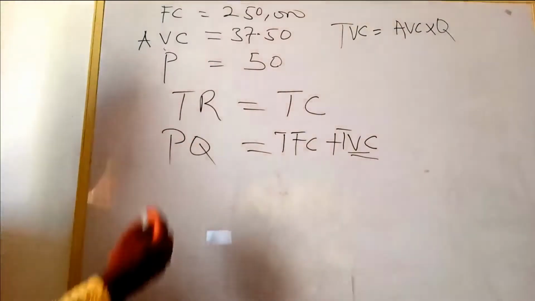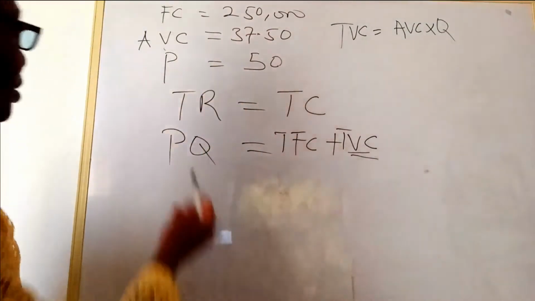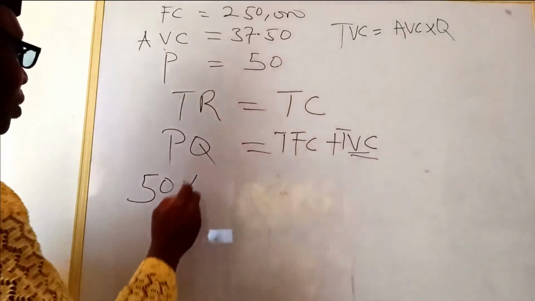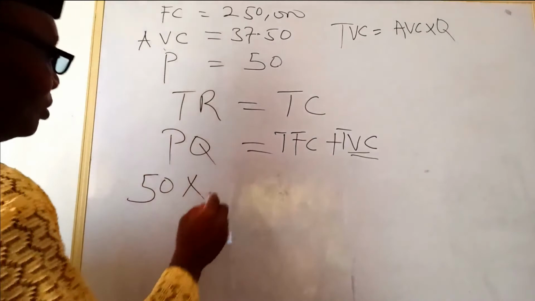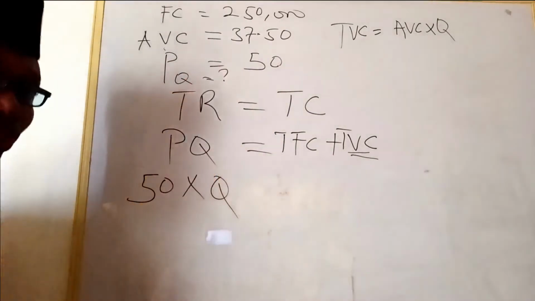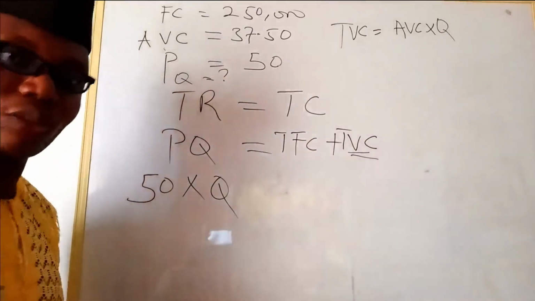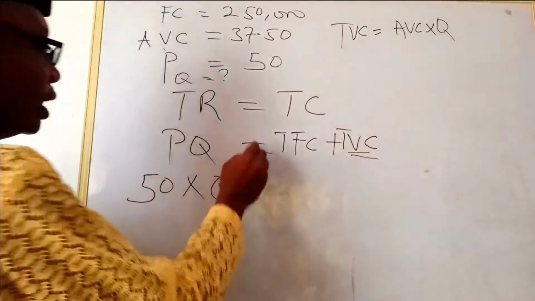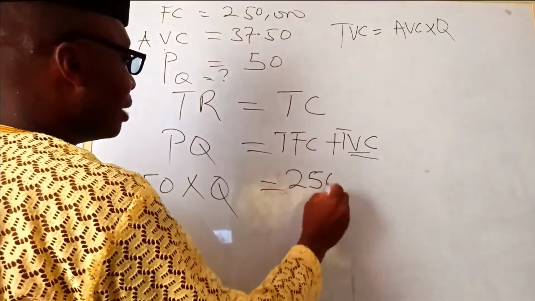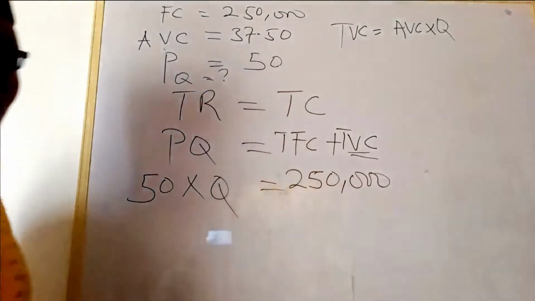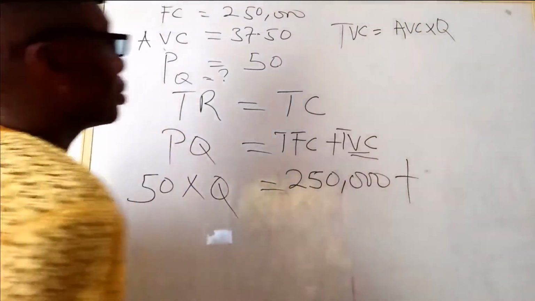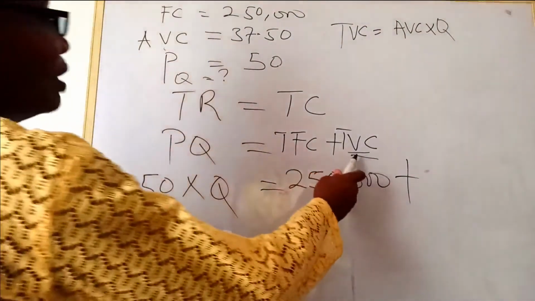So, when we apply the information we are given, P is 50 times the quantity of unknown. We are looking for Q. Q is not known. They are asking what is the lot size, what is the quantity, equal to total fixed cost of 250,000 plus total variable cost.